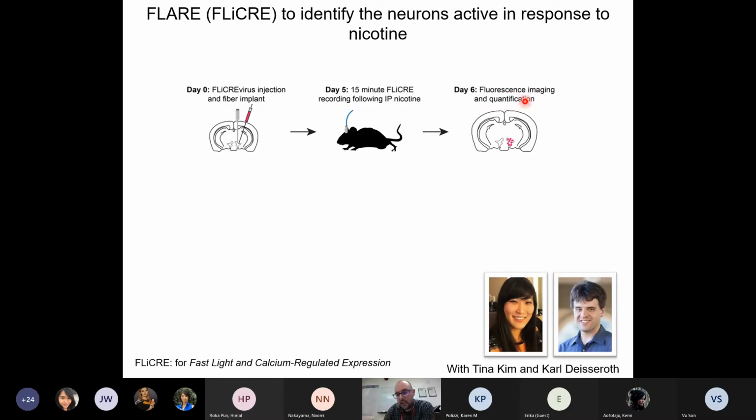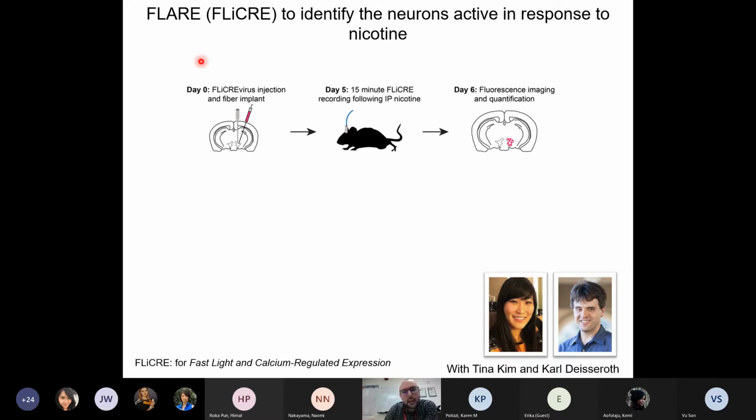Then, in collaboration with Professor Christina Kim, who was a postdoc in the lab at my time, and with Professor Karl Deisseroth at Stanford, who is one of the fathers of optogenetics, we used this technology to make real biological discoveries. For example, we were interested in knowing which neurons in the brain are responsive to nicotine.